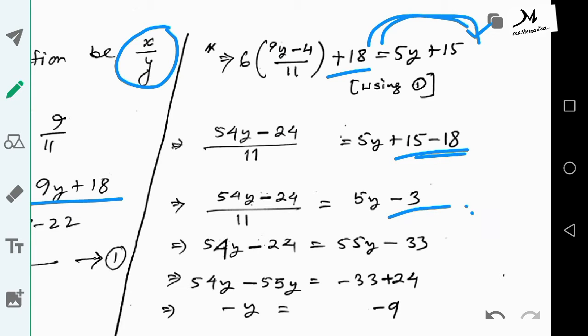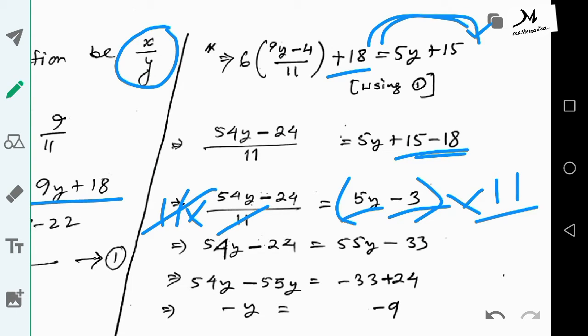Now let us multiply both sides by 11. So I have multiplied here 11 and here also 11. This 11 cancels, and 11 into 5y is 55y, and 11 into minus 3 is minus 33.